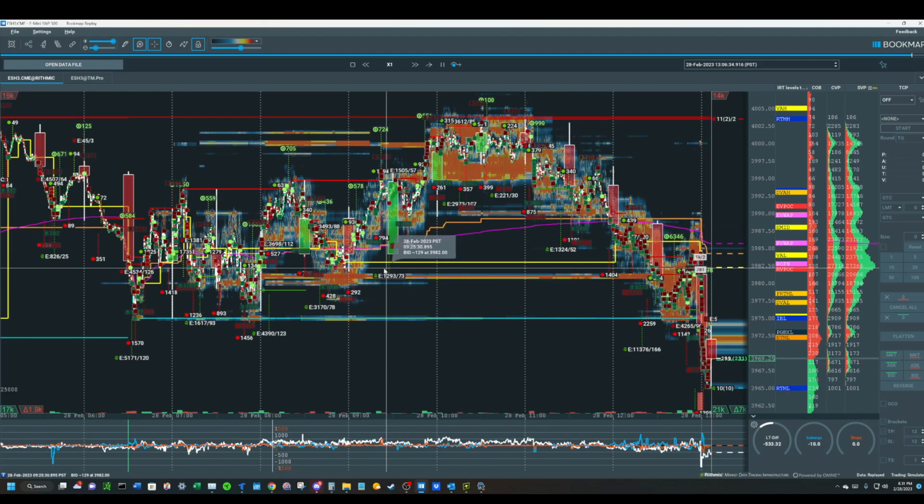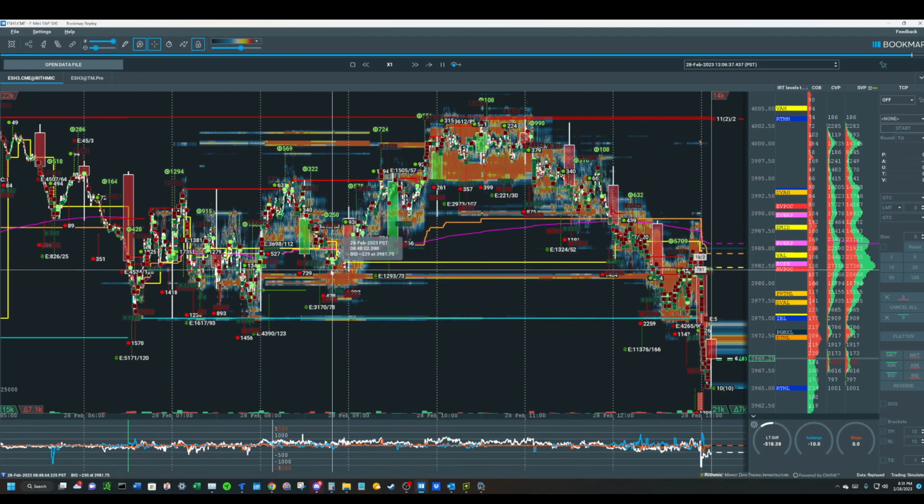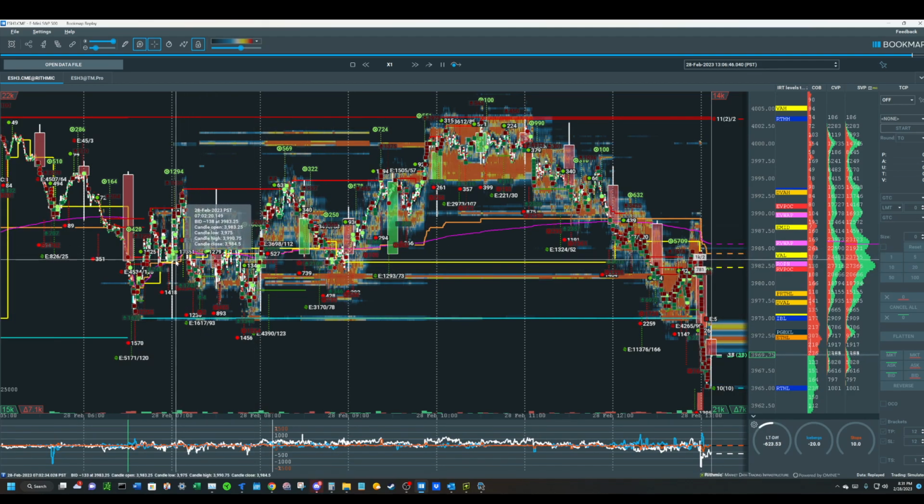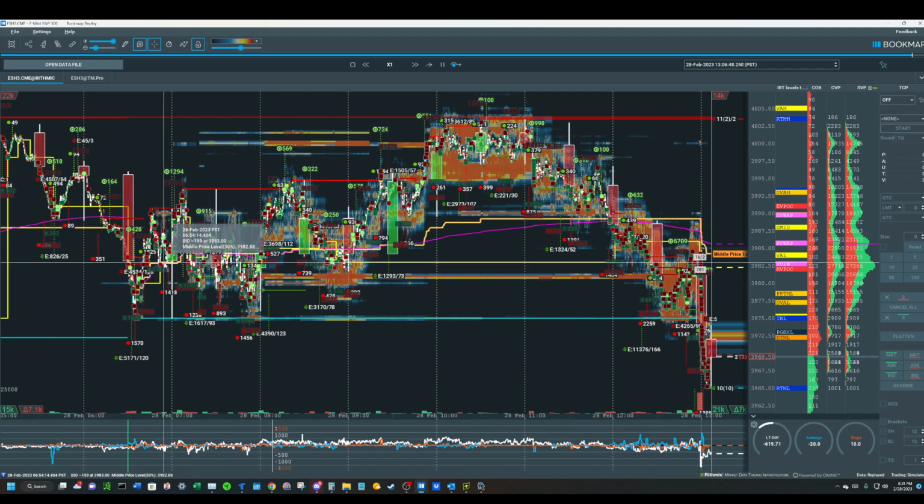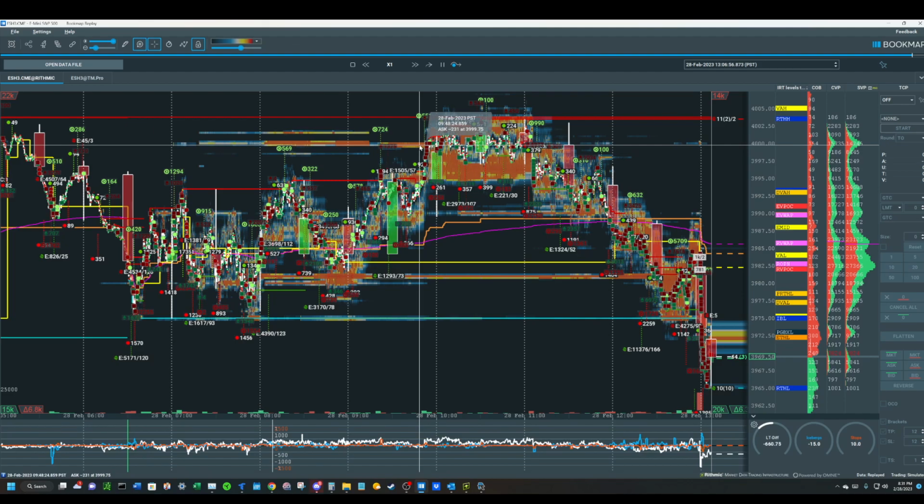Oh, what else? See, here was kind of where it could be like, okay, this right here, kind of sitting on top of this. See, and the VPOC was there for a short time. And there was liquidity sitting up there at 4,000.